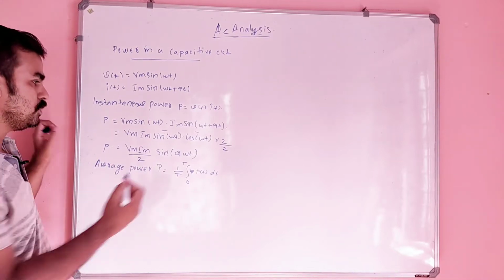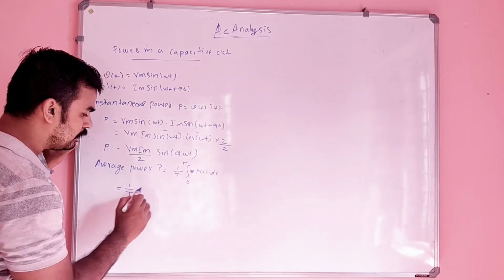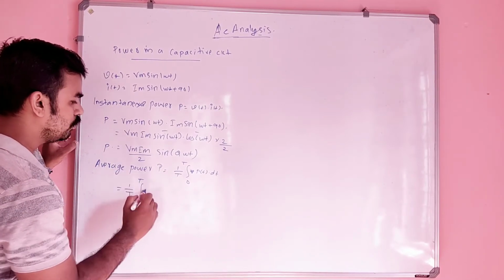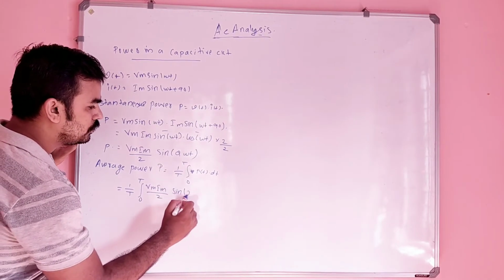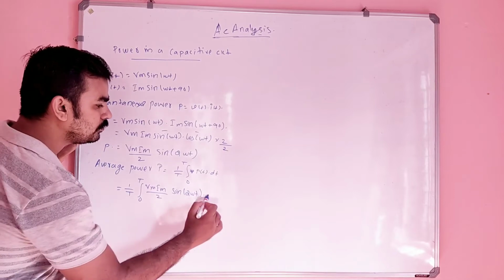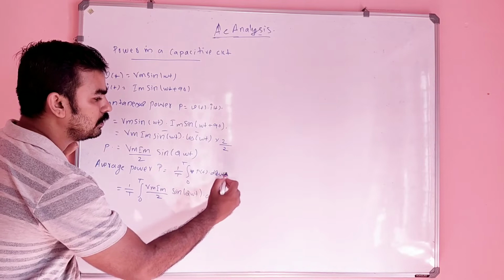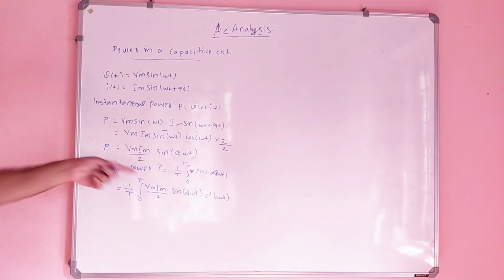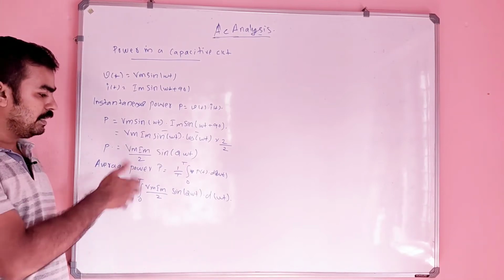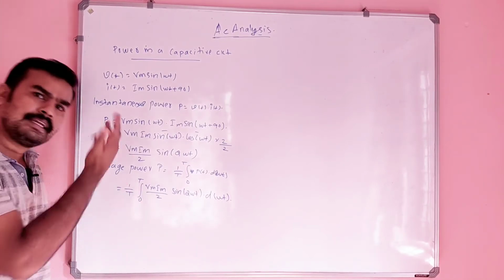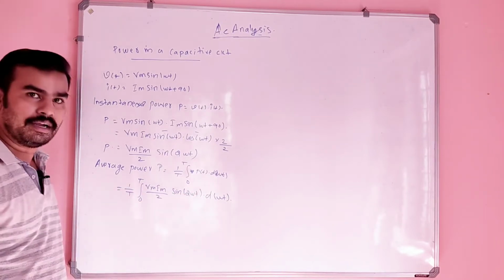So it is 1 by T integral 0 to T of Vm Im by 2 into sin 2 omega t d omega t. It is d omega t because we are working on the omega axis, so it will be 1 by 2 pi integral 0 to 2 pi, that also you can use, no issues there, of Vm Im by 2 into sin 2 omega t d omega t.